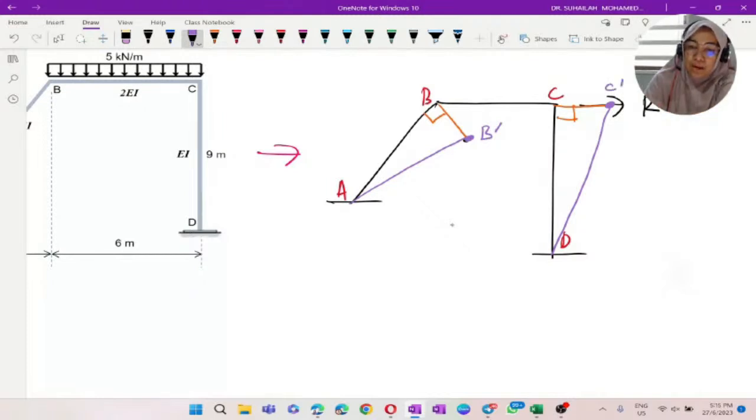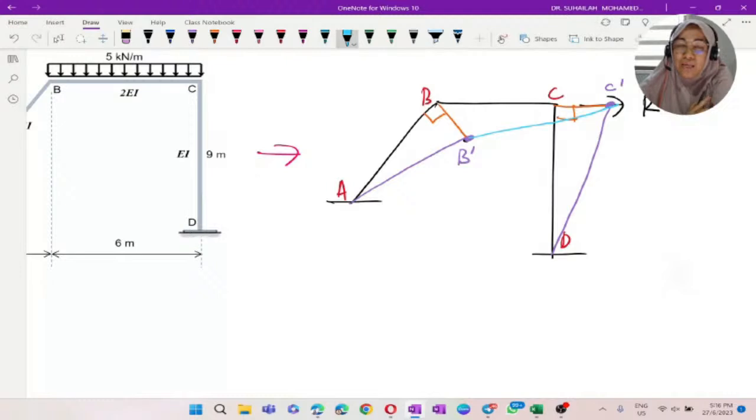So this is C prime, and we just need to join B prime to C prime, these two dots. So this is the illustration of the beam due to Sidesway.